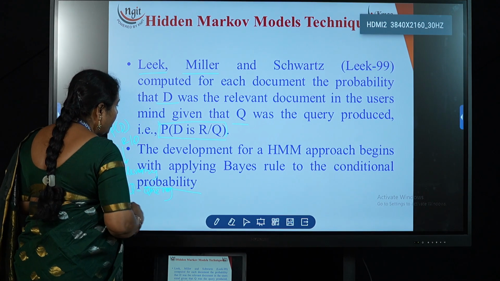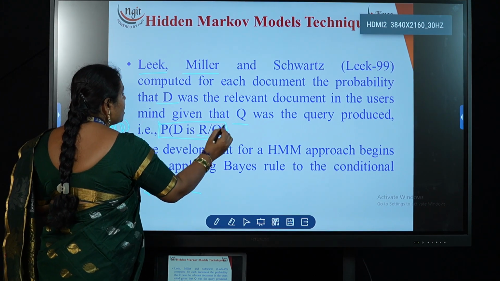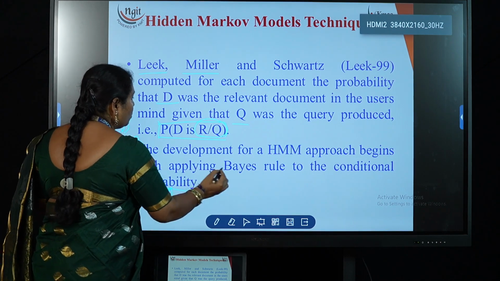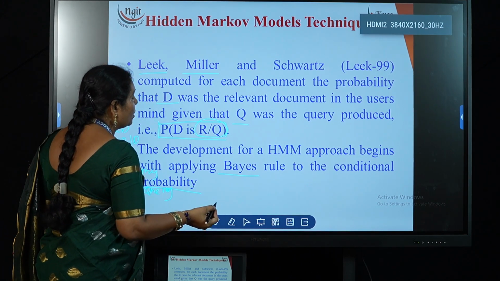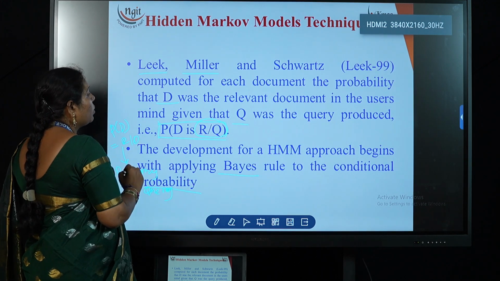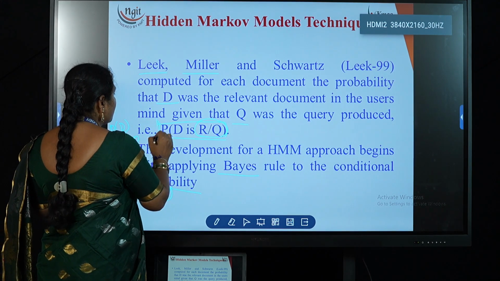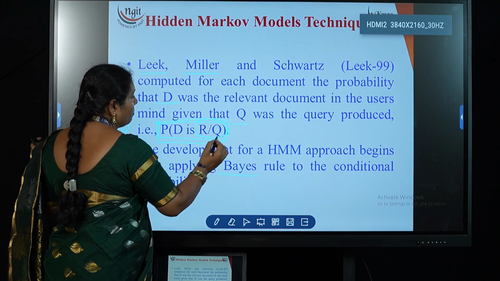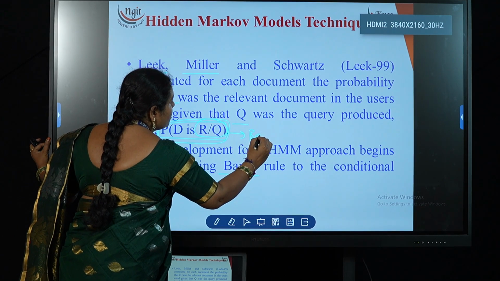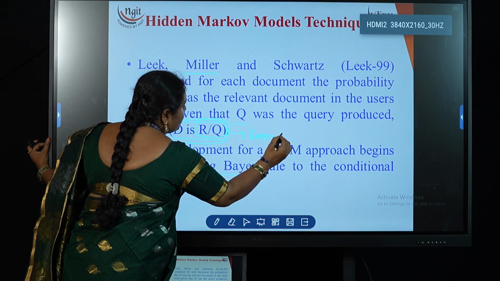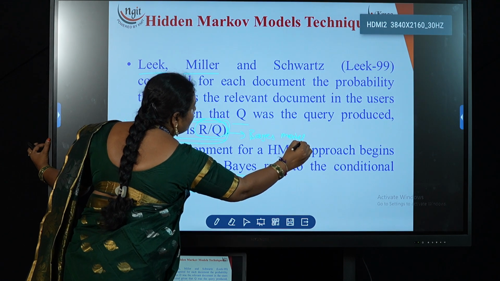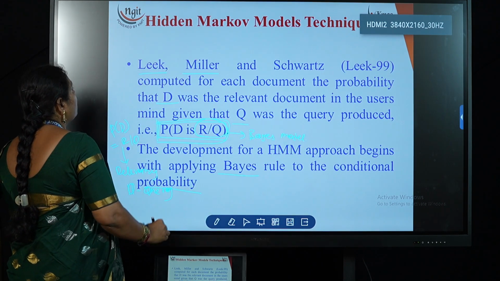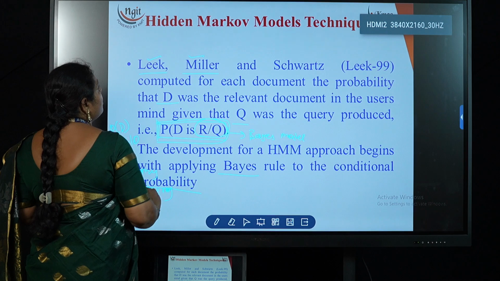What is the probability of getting the relevant document according to the query? You can apply the Bayes rule, which we know. So what is the hidden Markov model going to do? It uses the formula P of D equal to R by Q with the help of the Bayes model. This is exactly what was proposed by Leek, Miller and Schwartz.